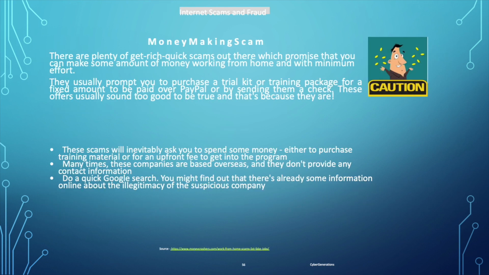There's plenty of these money-making scams. You drive down the street, you see a little sign on the side, earn $10,000 or $5,000 or $1,000 a week. Sounds very interesting. Who wouldn't want to earn $5,000 a week? Once they have your information, you could be doing something legal, highly unlikely.